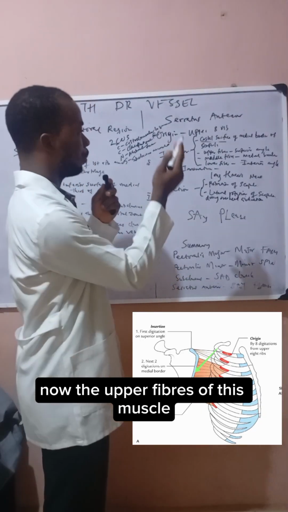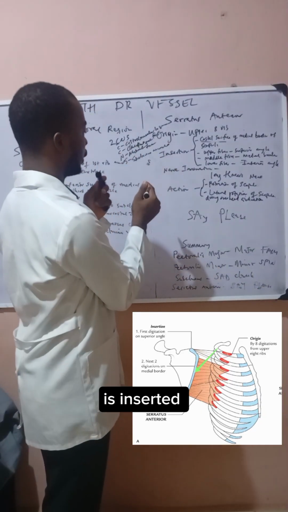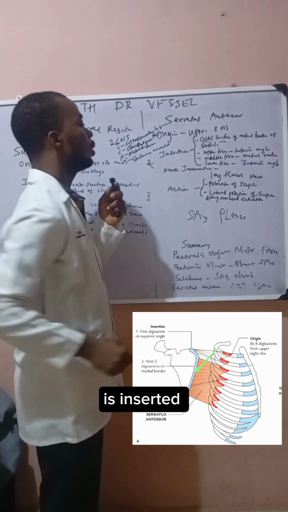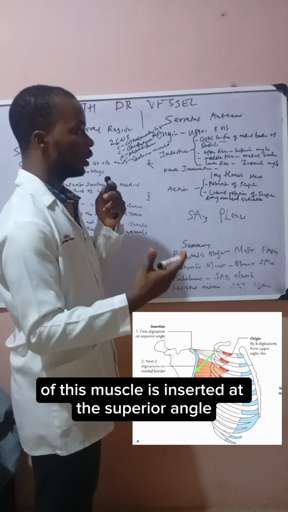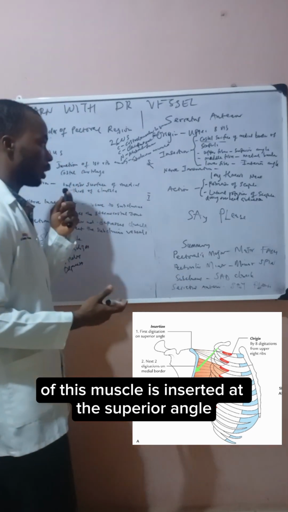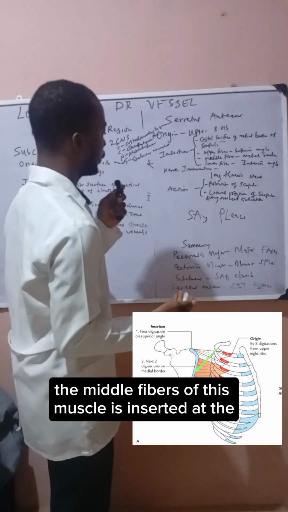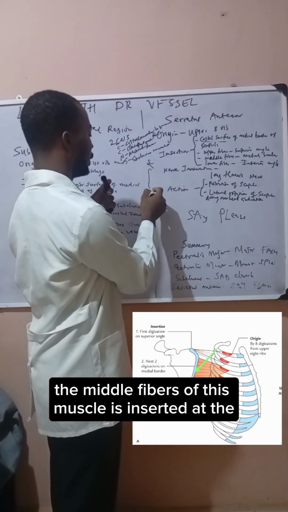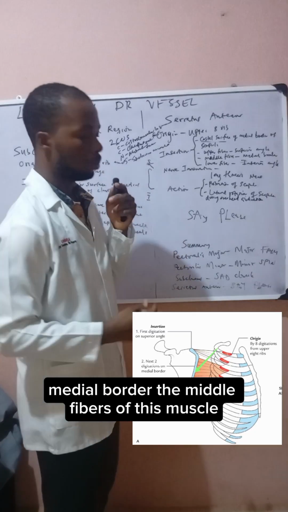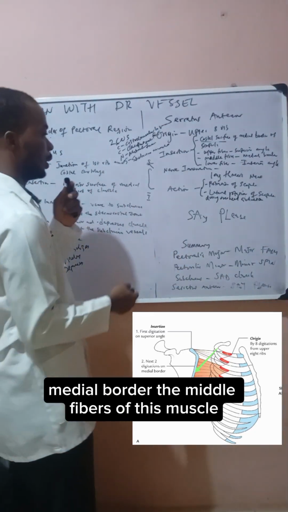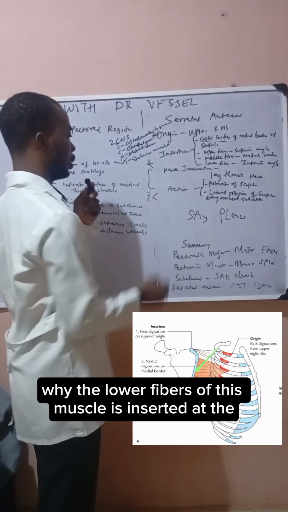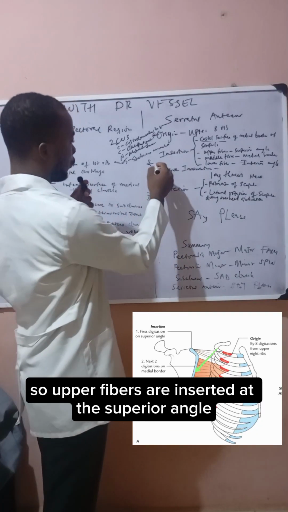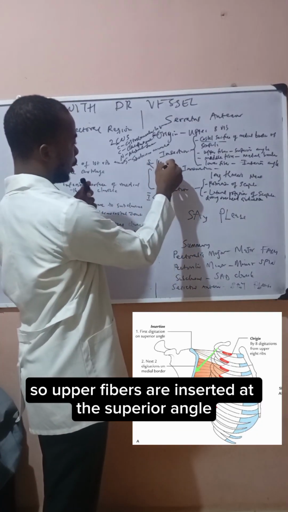Now the upper fibers of this muscle are inserted at the superior angle.